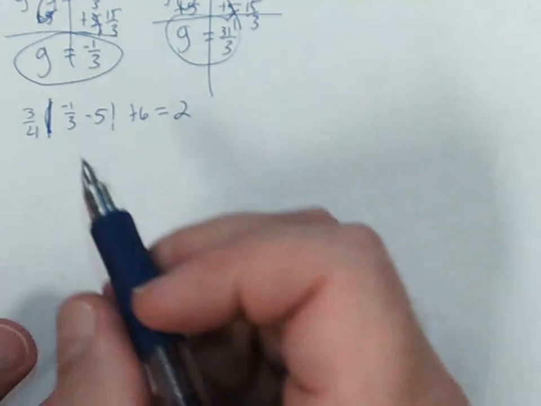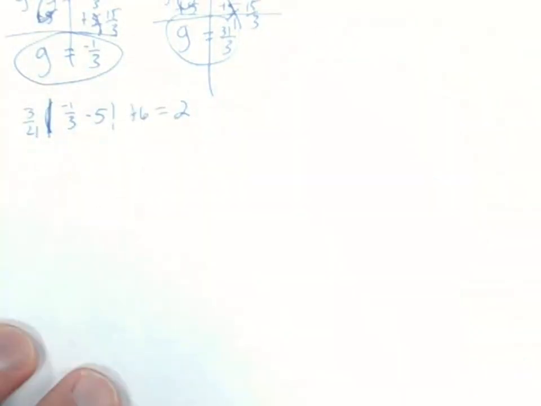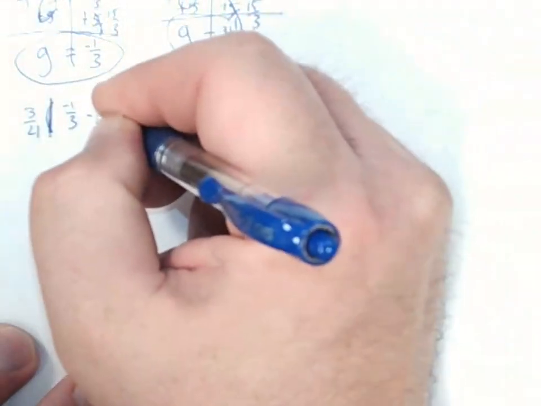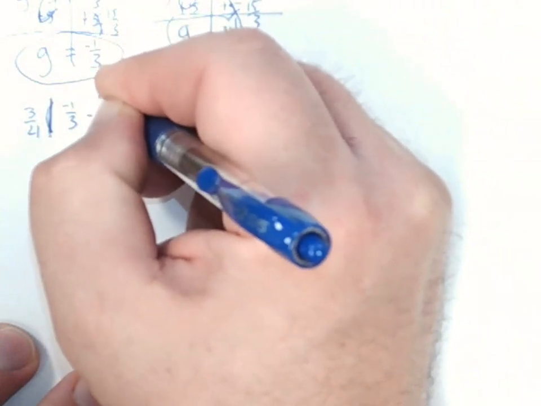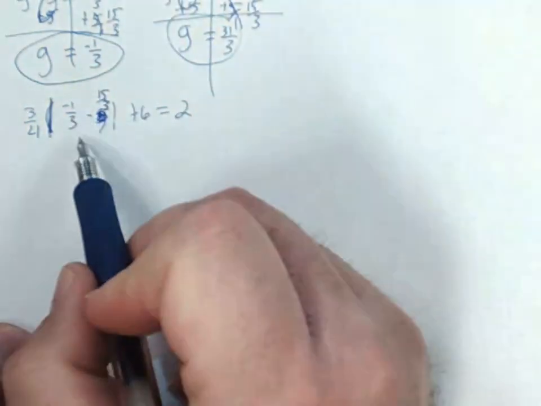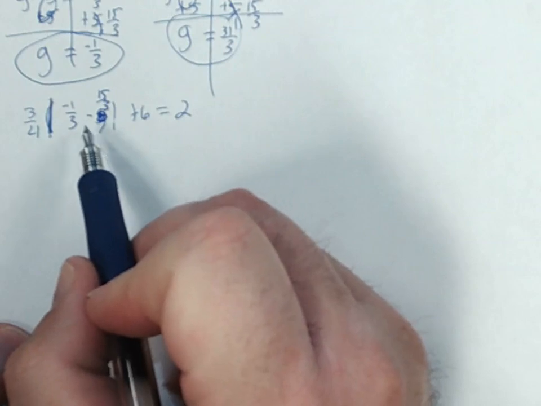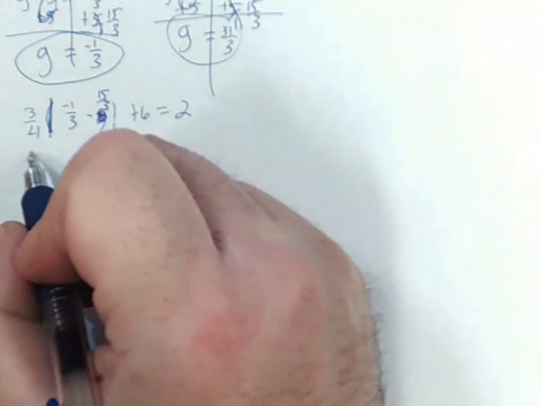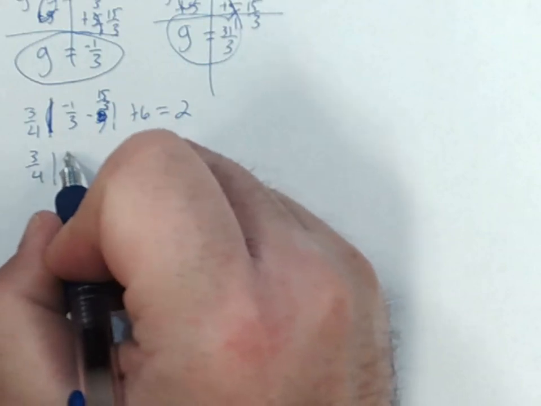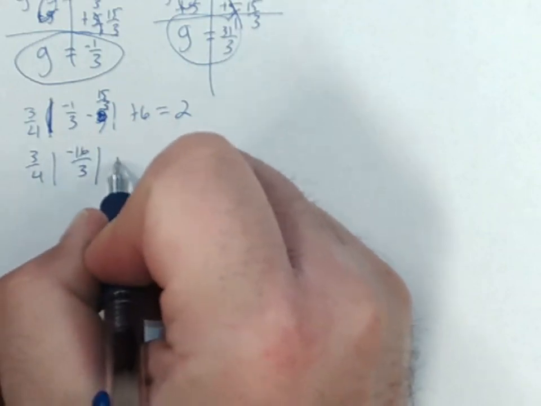We'll see. So negative 1/3 minus 5. Again, I need to make this thirds, so I will make this 15/3. So I got negative 1/3 minus 15/3. That ends up being negative 16/3.